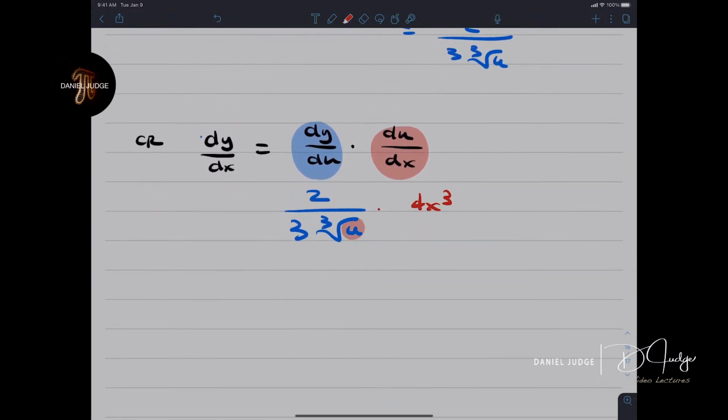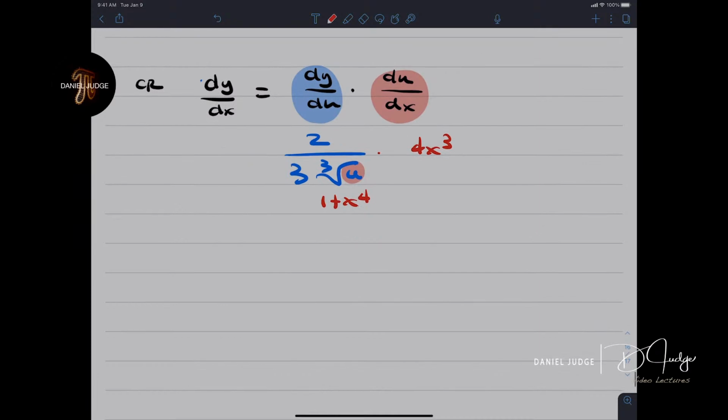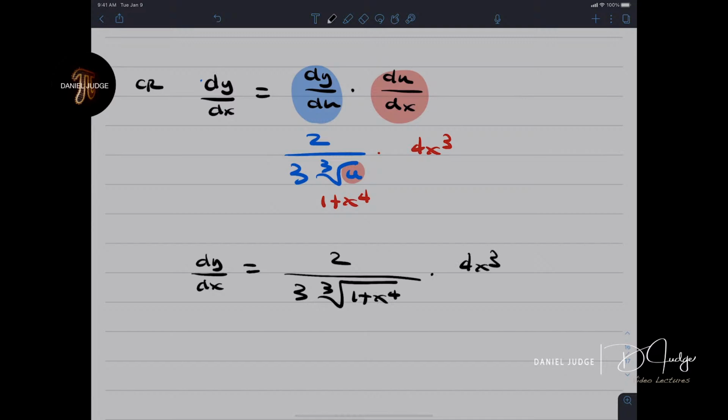So dy dx is 2/3 over the cube root of 1 plus x to the 4th power times 4x cubed.